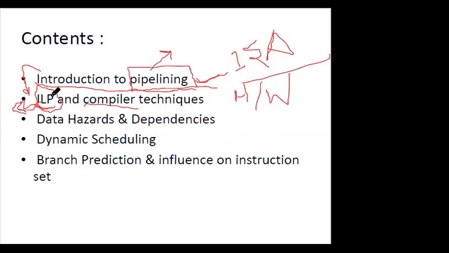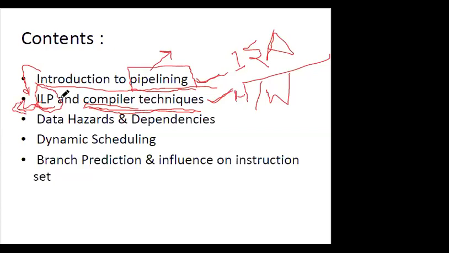When we deal with hardware, we have data hazards, dependencies, and various techniques for hardware dealing of ILP. And the software dealing of ILP, or software pipelining, involves the techniques of a compiler, because the compiler is involved in case of software pipelining. So compiler techniques we will study in case of ILP.